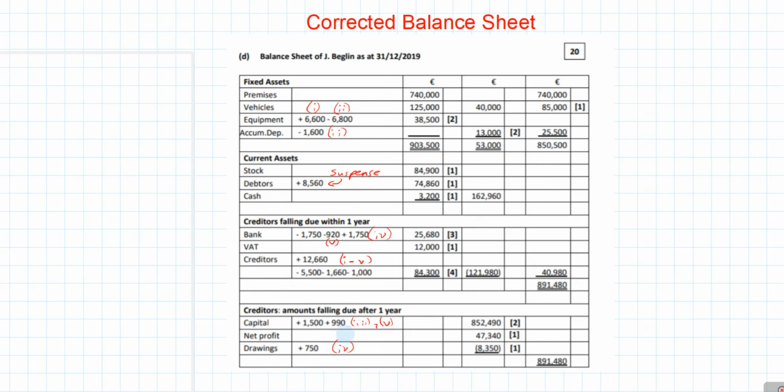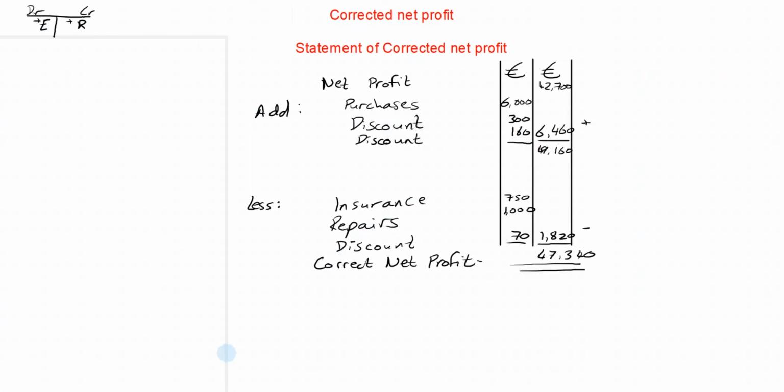And that is your corrected balance sheet. So you might want to, I can change what I have here and just include also the solution to the corrected balance sheet. It doesn't give you loads, but the writing is probably slightly nicer.